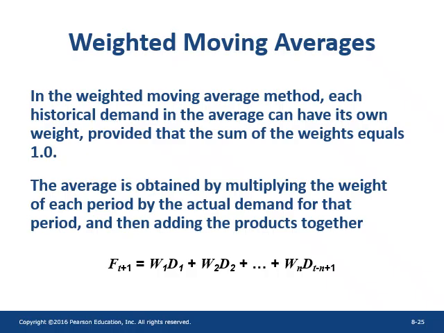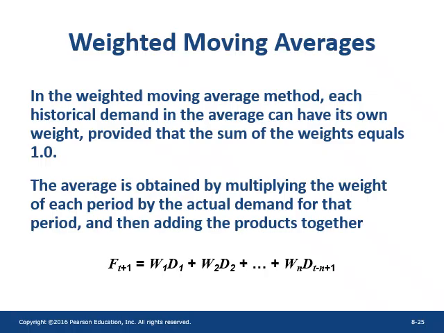A weighted moving average is very much like a simple moving average, except that we don't give equal weight to each of the prior periods that are included in the average. For example, in the last example where we computed the moving average, we were dividing by 3, or you could say we were giving a weight of 1/3 to each of the 3 prior periods. Well, we don't actually have to weight those prior periods equally.